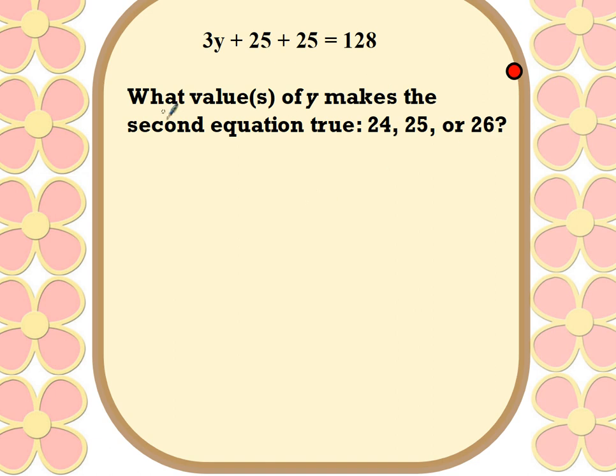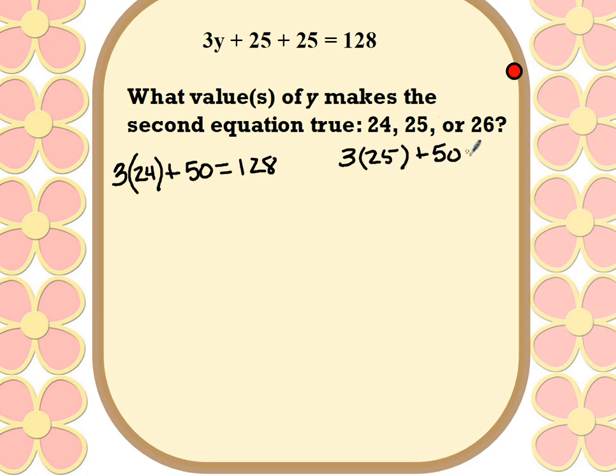So what we're actually doing is we just take 3 times 24 and then add 50 to it and see if we get 128. Or take 3 times 25 plus 50. Do you get 128? Or is it 3 times 26 plus 50 equals 128?